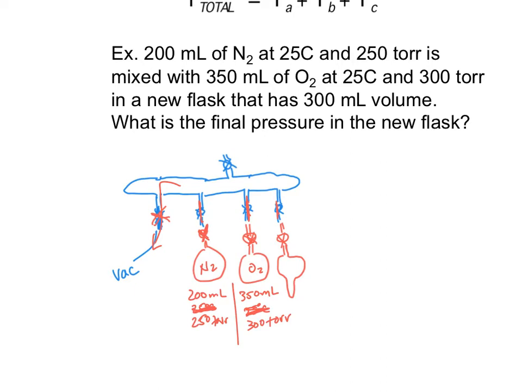All right, now the goal is to take the nitrogen and the oxygen and put it into the empty flask. And actually, when we were pulling a vacuum, you open this up here, and you actually pull a vacuum right there, and then close it back up. So what we want to do is bring the nitrogen and oxygen over into this empty flask.